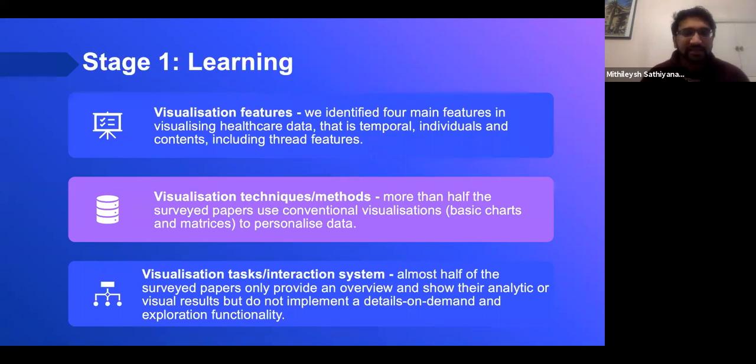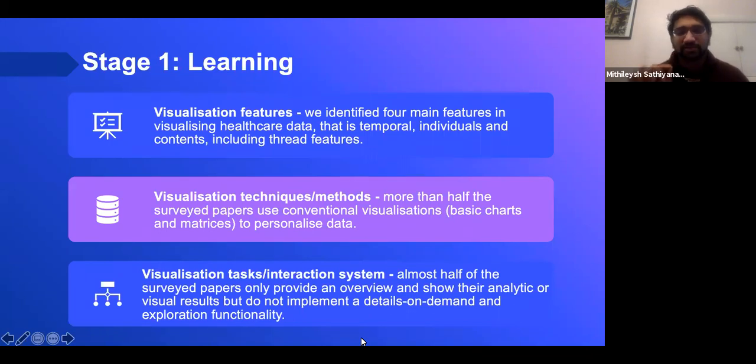Visualization tasks and interaction systems are other things that we tried to understand as well. Most of the solutions so far, based on Industry 3.0 and 4.0, are not completely personalized in our observation. They do have an overview, which is of course there, but they don't have details on demand.